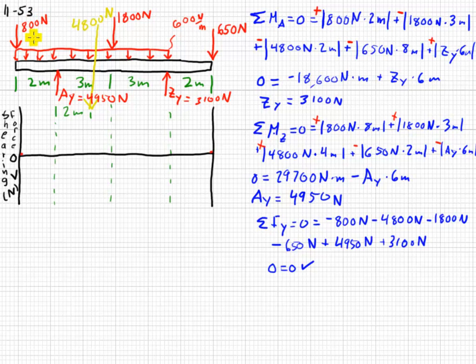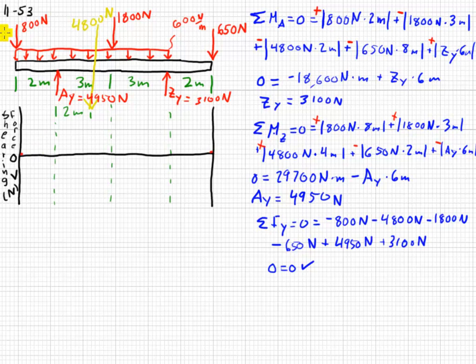These concentrated loads, such as 800 newtons and the 650 and our reactions here, will cause abrupt changes in the force, very sudden, straight up. But these distributed loads will cause linear changes. If I have a force over another one, like this 1800 Newton, or even if I had another distributed load over this, you can simply add them together. So I'll just go and do this one.